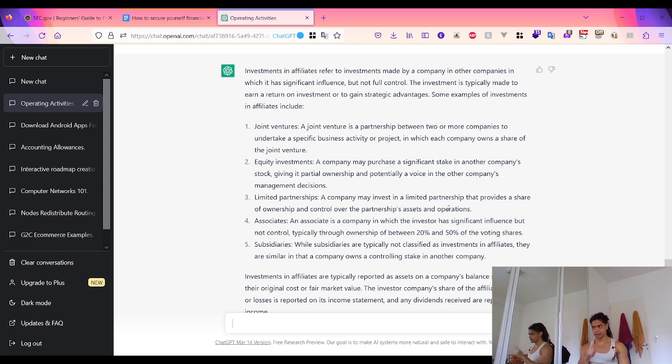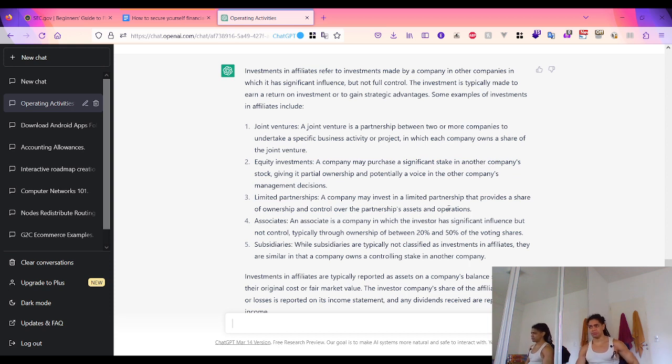This typically is made to earn some return on investment or gain strategic advantage, whether it's brand recognition, improving your existing process, or getting a better position in the market. Some examples of investment in affiliates include joint ventures, equity investment, limited partnerships, associates, and subsidiaries.